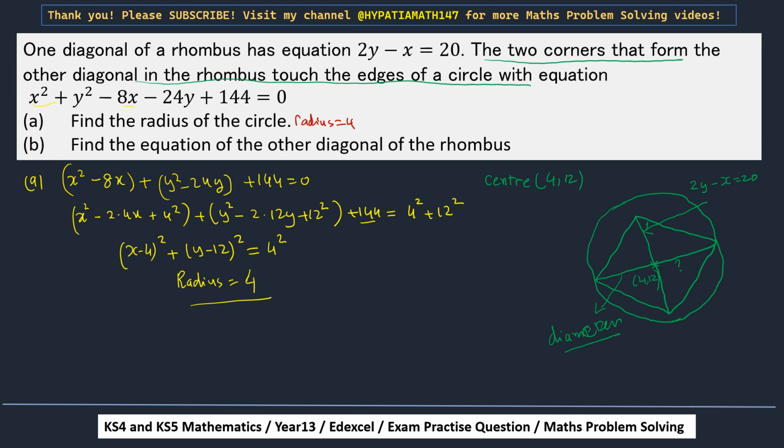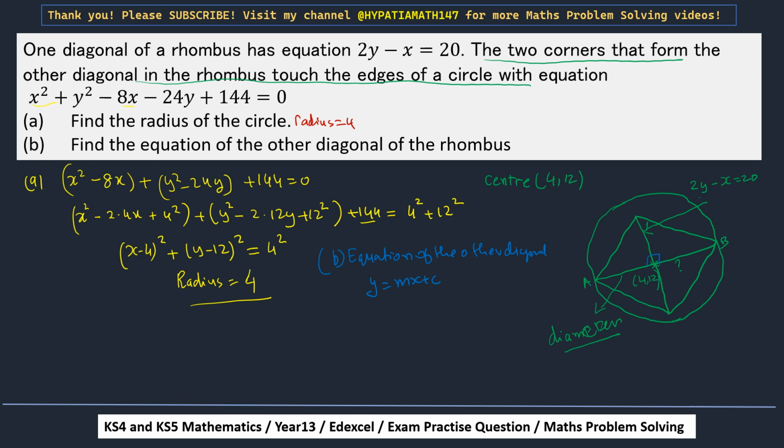So (4, 12) is the center. If I were to name this diagonal AB, the equation of the other diagonal, to answer part B, is of the form y equals mx plus c. Now we know the diagonals bisect one another, they are at 90 degrees, right?